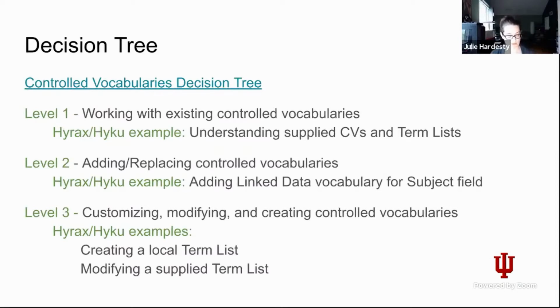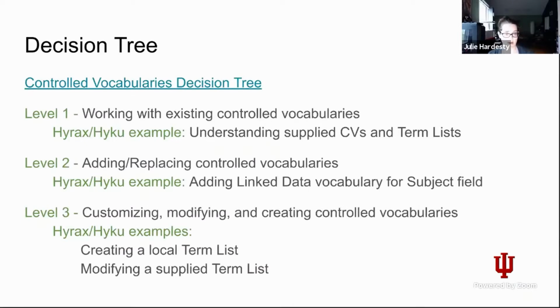This starts off evaluating the capabilities of what your system makes possible for you to do. So is it possible to add a vocabulary, or is it possible to change a vocabulary that's supplied? Then we go into ways to look for controlled vocabularies if a change is needed, and tips for evaluating any controlled vocabularies that you might consider.